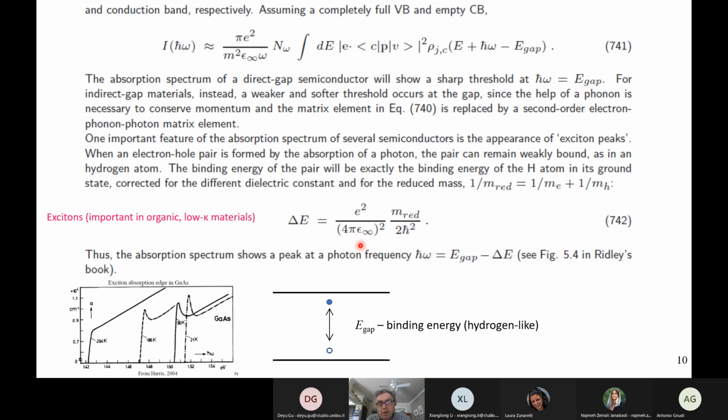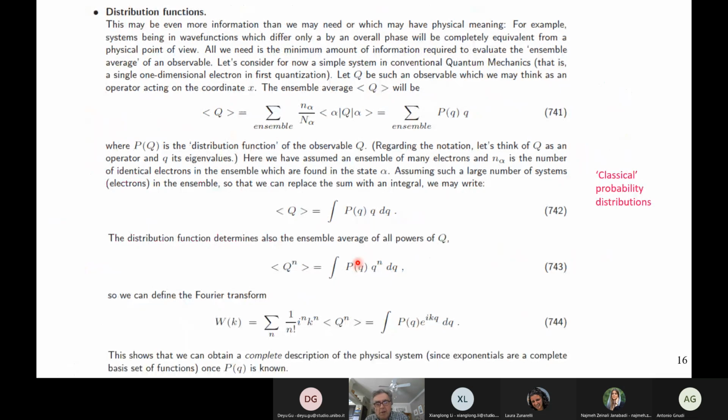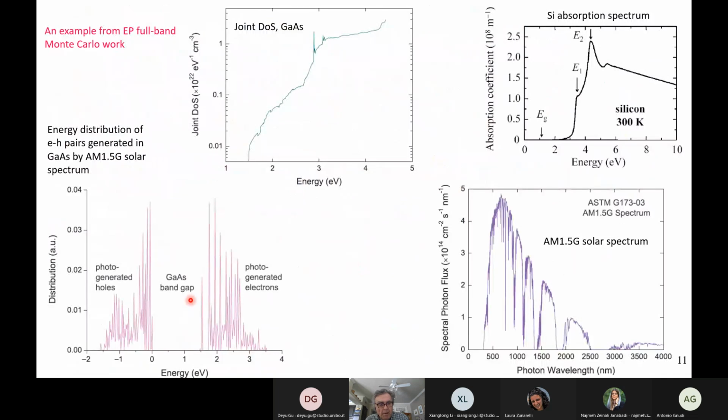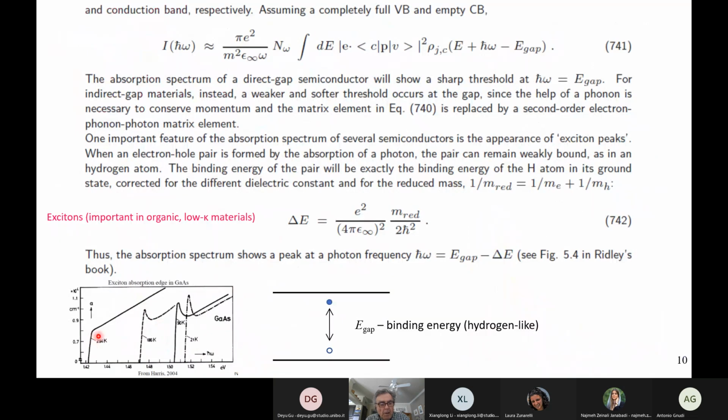So just before the direct transition, you see that the motion here in terms of eV is due to the fact that the band gap depends on temperature, and usually for all semiconductors, the band gap decreases as the temperature increases.